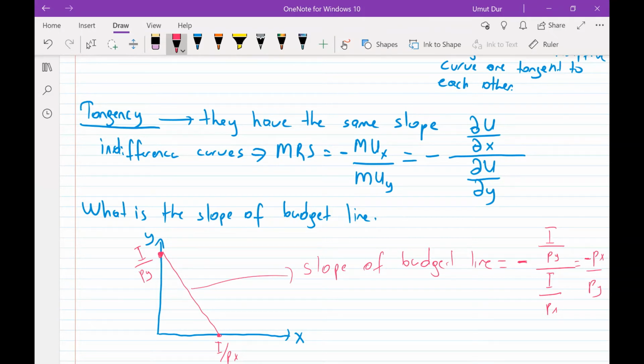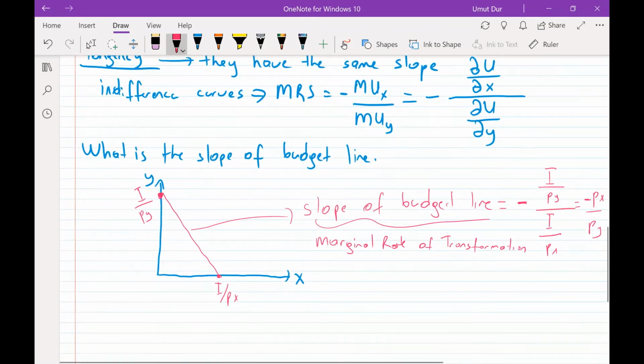This slope of the budget line is also called the marginal rate of transformation, and it is equal to the ratio of the prices with a minus sign.